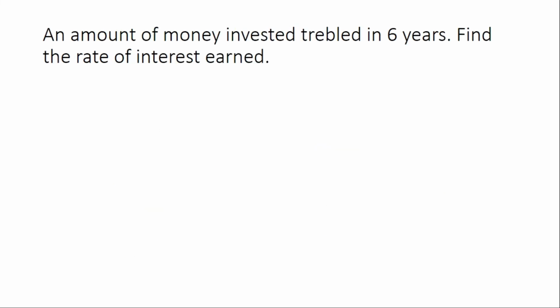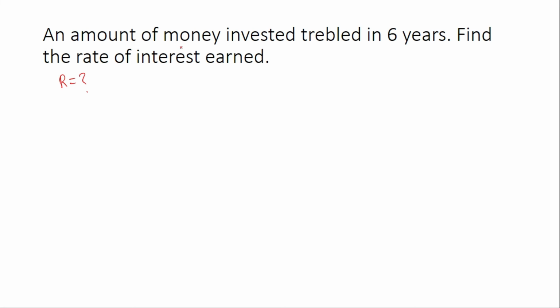Next is an amount of money invested tripled, that means it is getting 3 times in 6 years. Amount is getting 3 times in 6 years. What you have to find out? You have to find out rate.